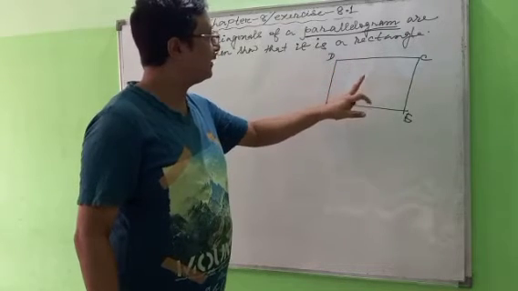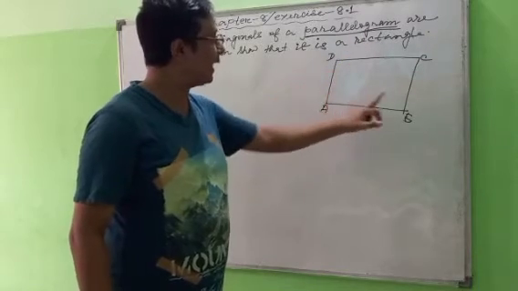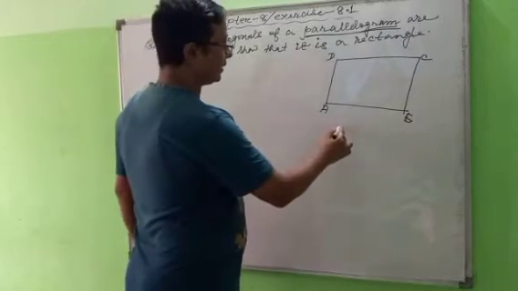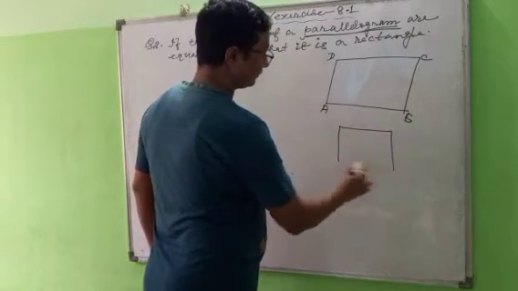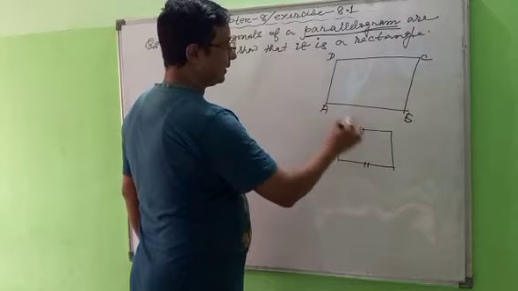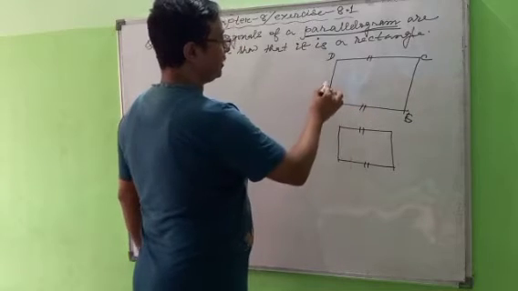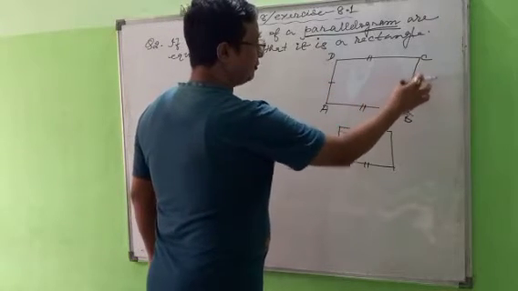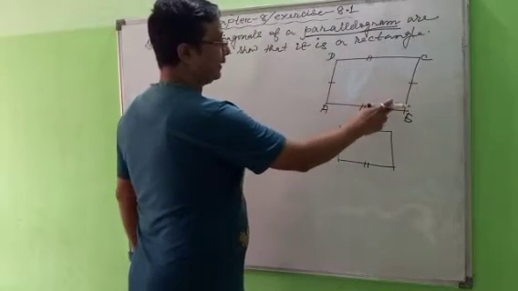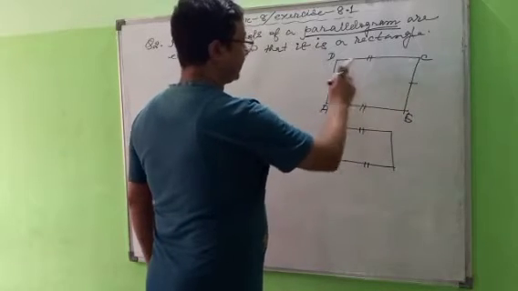In a parallelogram, the opposite sides are equal: AB equals DC, and AD equals BC. But in the case of a parallelogram, none of the angles are 90 degrees.